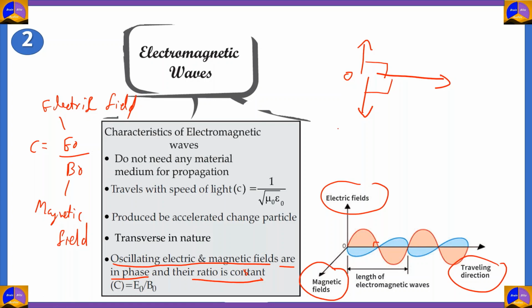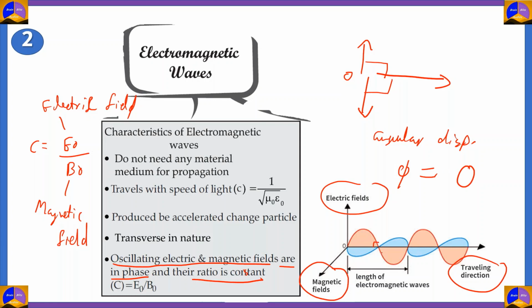So what this says is that the electric and magnetic fields are in phase. So the phase angle phi is equal to 0.